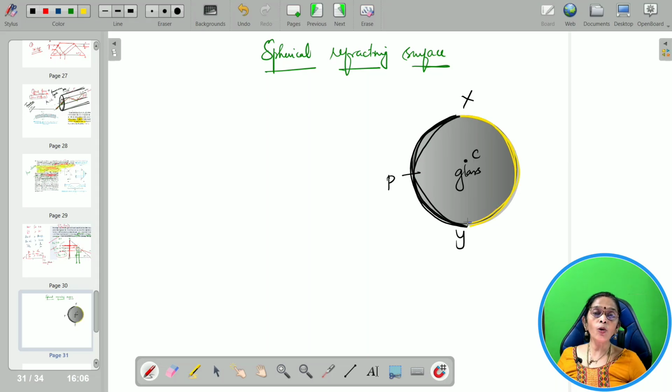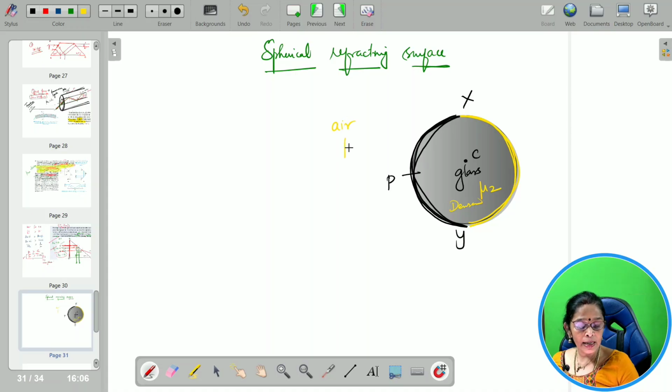Okay? So, how is the refraction taking place? This is mu 2 because it is a denser medium, and here it is the air medium, so let us take it as mu 1. The P to C distance you call the radius of curvature, and this is called the pole of the spherical refracting surface.